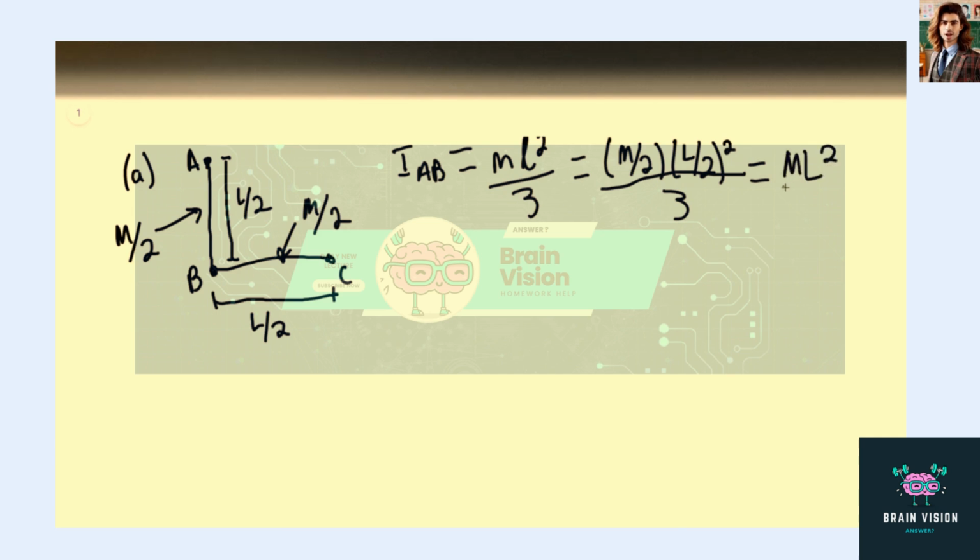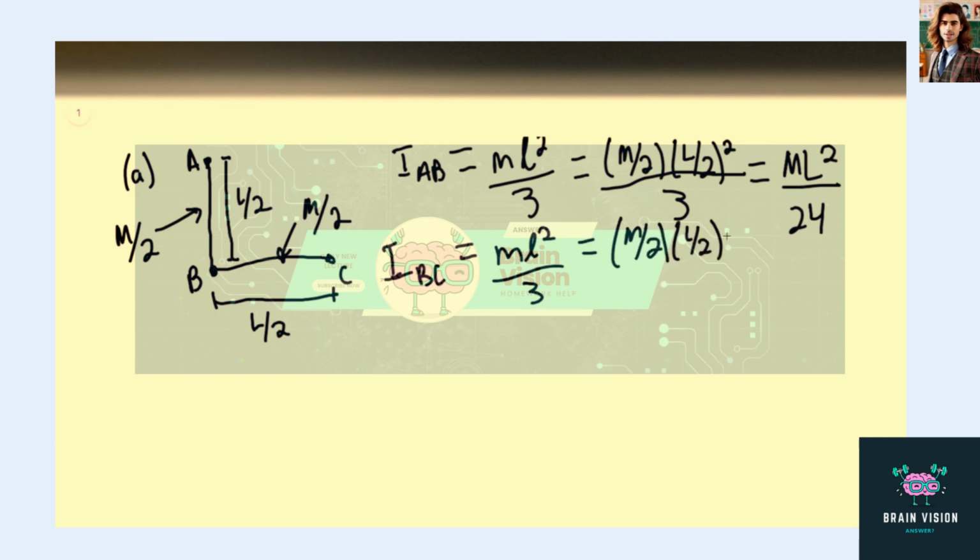That gives ml squared over 24. We do the same thing for this segment here, BC. And this is going to be, again, ml squared over 3, which is m over 2, L over 2 squared over 3, so ml squared over 24.